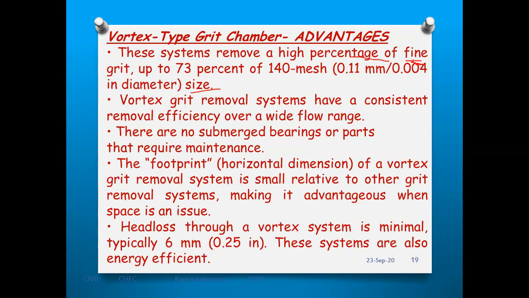Vortex grit removal systems have a consistent removal efficiency over a wide range of flow. This advantage we also have in the aerated tank. Next, there are no submerged bearings or parts that require maintenance.